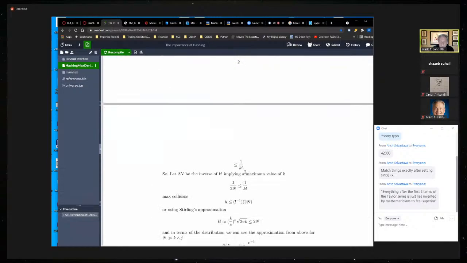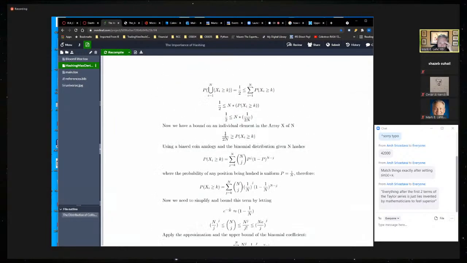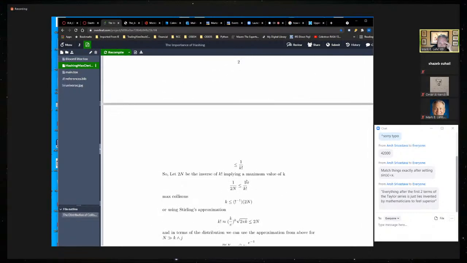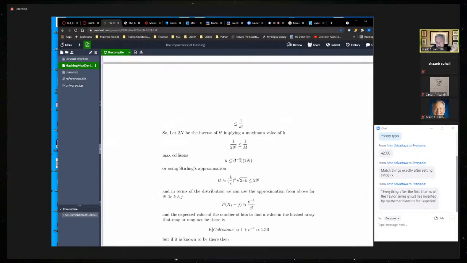So I'm just going to have it less than or equal to 1 over k factorial. So if you look, we just calculated what the maximum is. And up here, we had 1 over 2 to the n. So 1 over 2 to the n is going to be less than or equal to 1 over k factorial, or k factorial is equal to 2n, or the inverse of factorial.